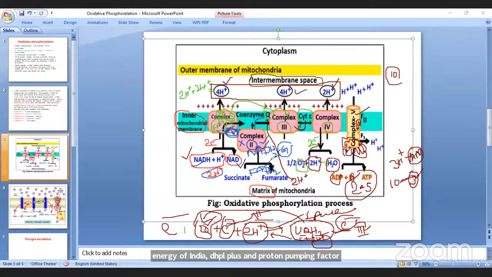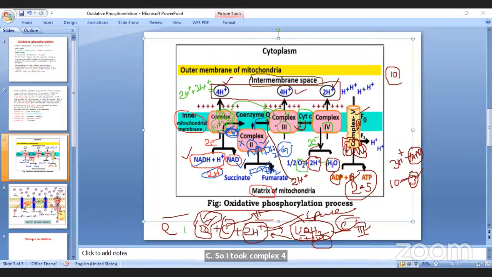These both are absent in complex 2. That's why no proton is pumped towards the intermembrane space. The rest of the stages, that is complex 3, cytochrome C, complex 4, are all the same.